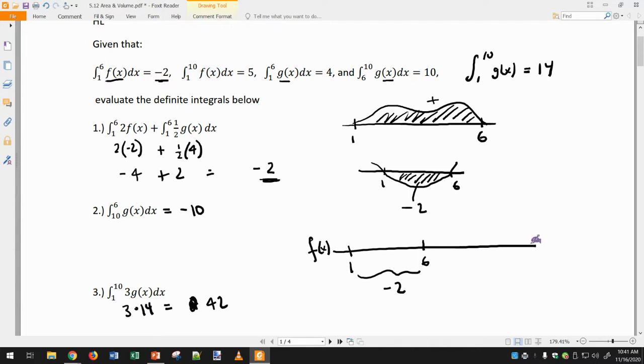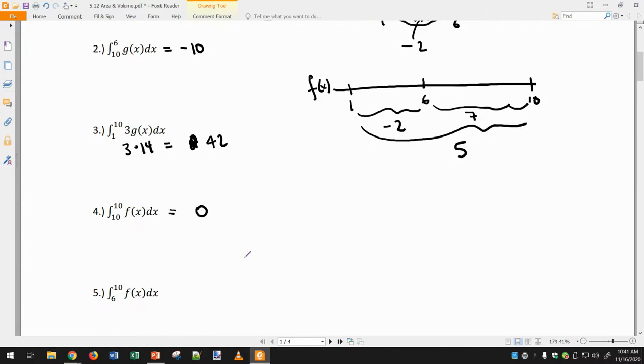But from 1 all the way to 10 is equal to 5, then how much would this missing piece be from 6 to 10? Well, it would have to be 7, right? Because we're taking the sum of all of this and saying it's 5. So then this part must be 7, because 7 minus 2 is 5. So from 6 to 10 must be equal to 7.